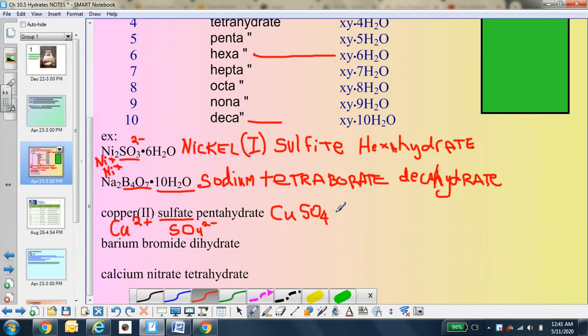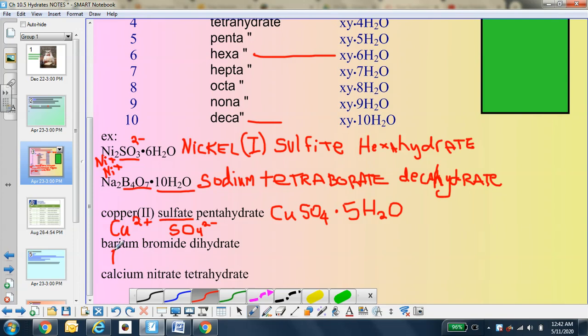Then we're going to put our little dot here. If you cannot find the dot to insert, you can just put an underscore. Then put your pentahydrate, which will be 5 water molecules, so 5H2O. So there's our formula. No parentheses needed here because it's just a 1-to-1 ratio of copper to sulfate.